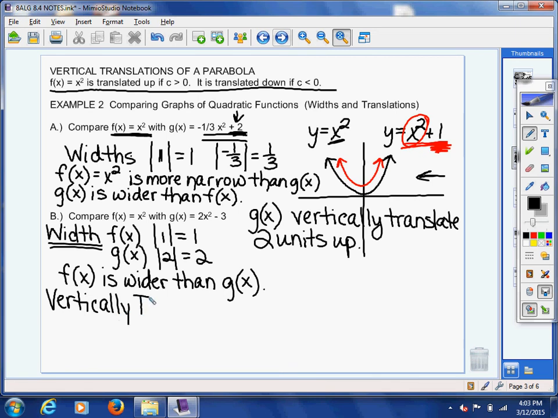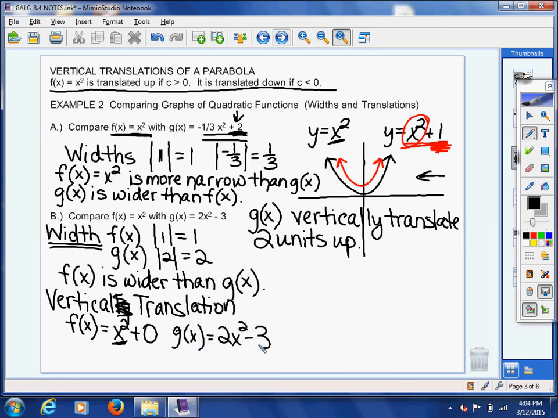Now, the next thing we're going to talk about is the vertical translation. What you want to do is compare the c's. In the f of x equation, just to be even more clear than I hopefully was before, in the parent function, 0 is your constant number, because there is no constant number, it's an understood 0. And then g of x has a constant of -3.